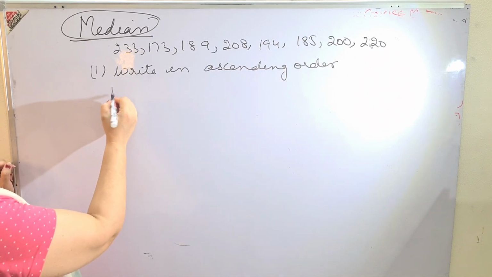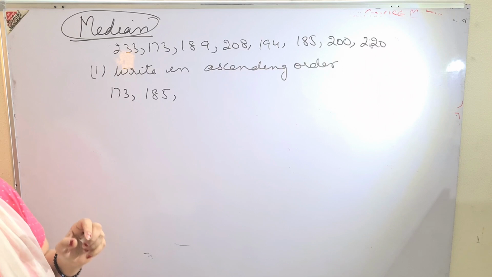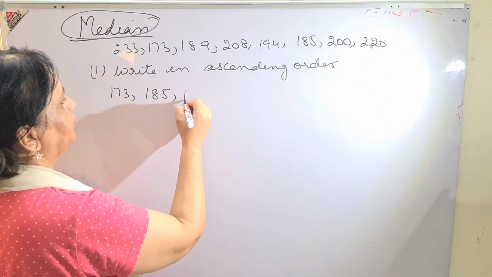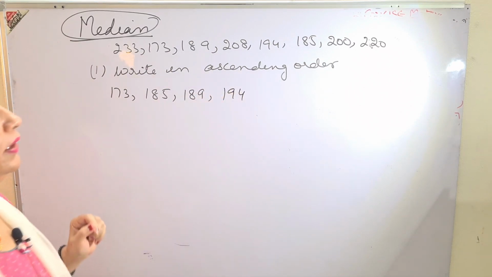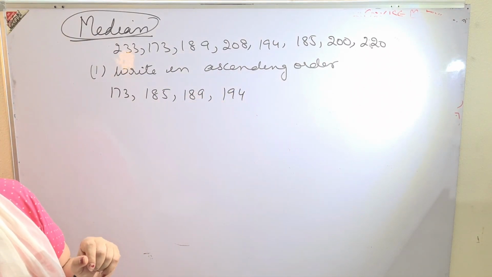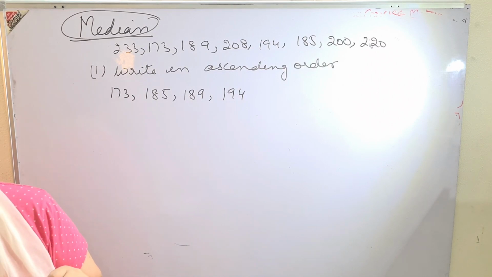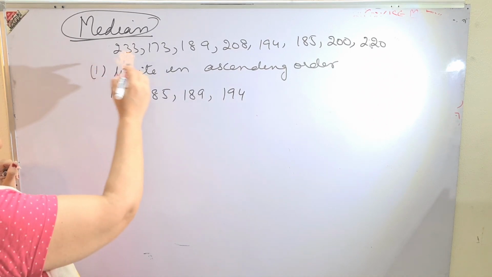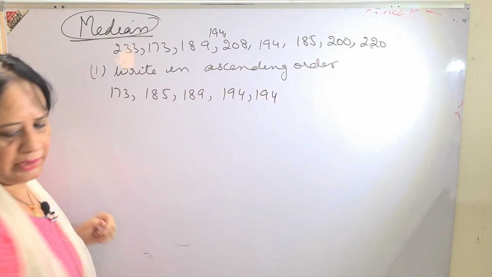So see, 173, then 185, then of course 189, then 194. 194 is given twice, so 194 again.